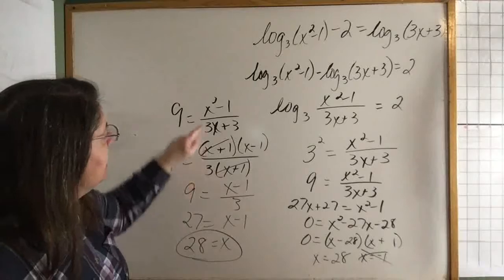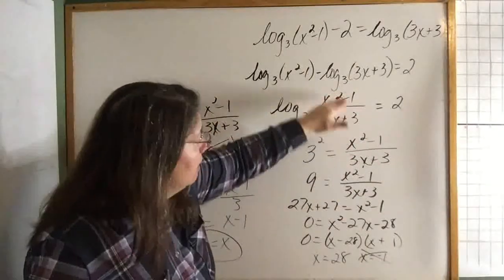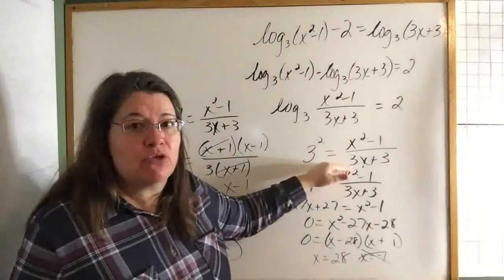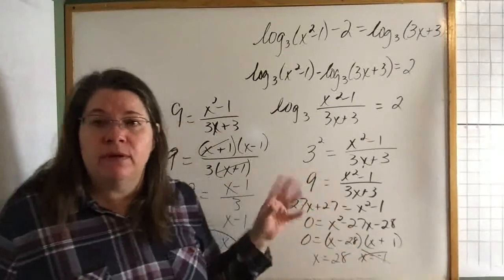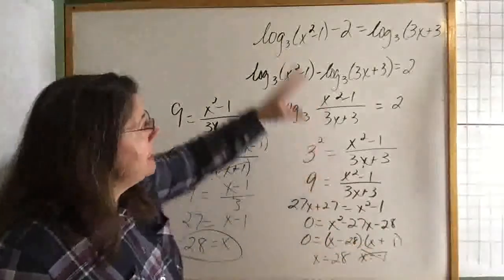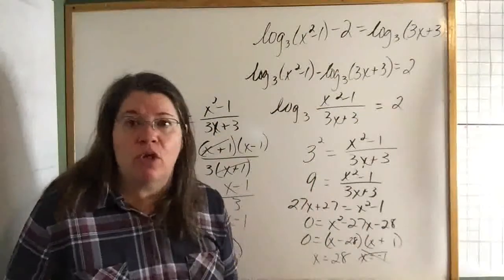If I had seen this up here, or even right here, I could have canceled that out before I even set up my exponential form and not even had to worry about the -1. It would have knocked itself out before even having to test it. But we need to understand that if I plug that in, it gives me 0, it's gone, it's no longer an answer.